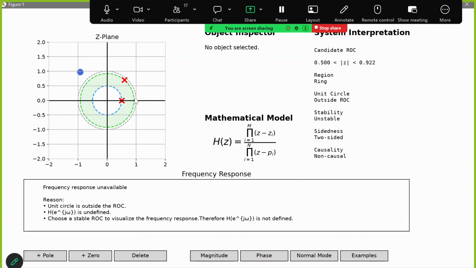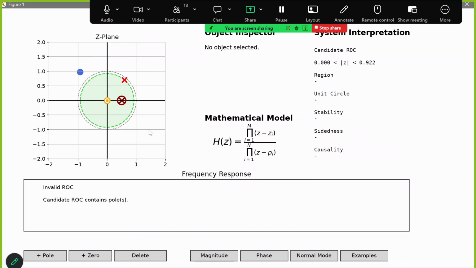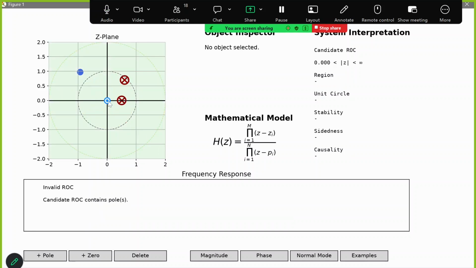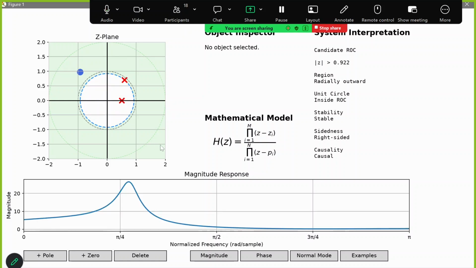Now, there are actually other possibilities for this kind of configuration. Here's another possibility, right? In this case, the ROC is going inward towards the origin. Or another possibility is something like this, where the ROC is growing outward from the outermost pole towards infinity.